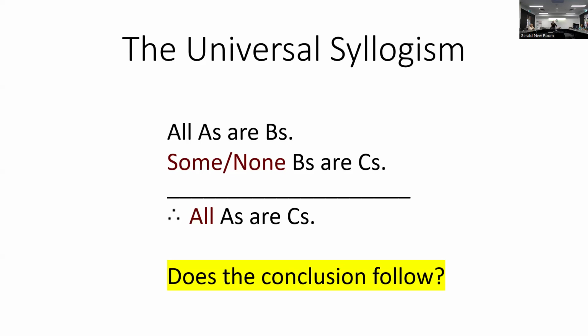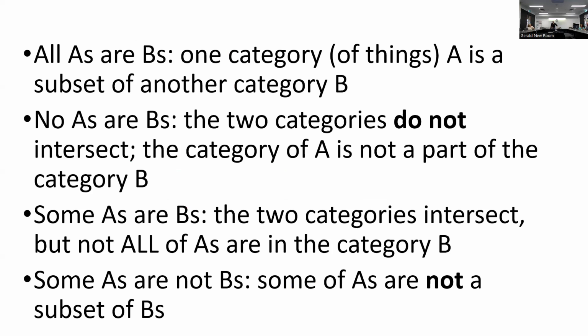Just be careful, and this is really important when we look at non-deductive arguments, because usually in non-deductive arguments we are using none and some. Messiness of the world, I call it. All A's are B's: one category of things, A, is a subset of category B. No A's are B's: those two categories do not intersect.